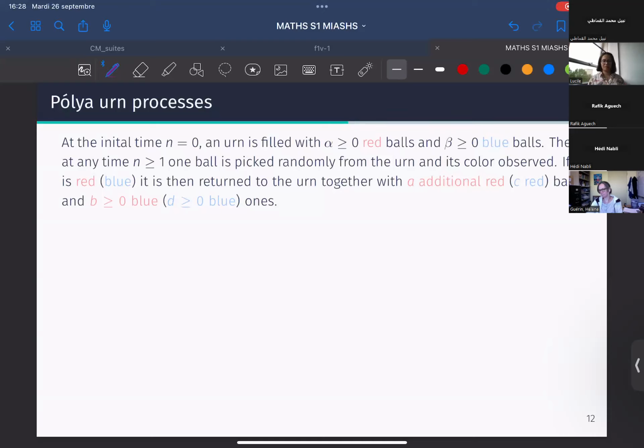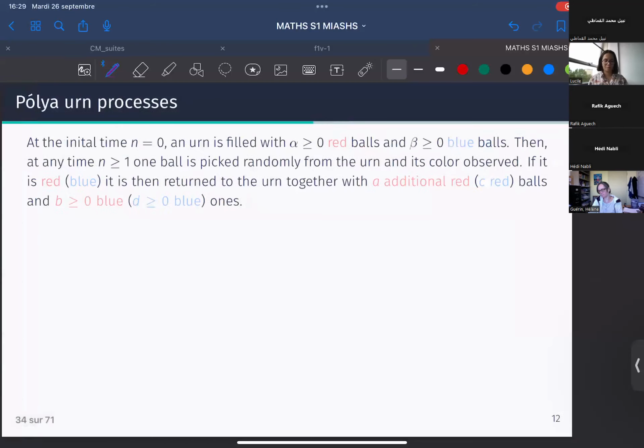So that's the basic model of the Pólya urn. There is a first generalization: when you pick a ball of some color, you put it back, but then instead of adding just one ball of the same color, you add more than one ball, and possibly also of the other color. For example, if you pick a red ball, then you put it back and you add A other red balls and B blue balls. And if you pick a blue ball, then you add C red balls and D other blue balls.